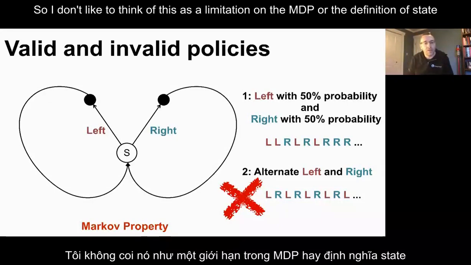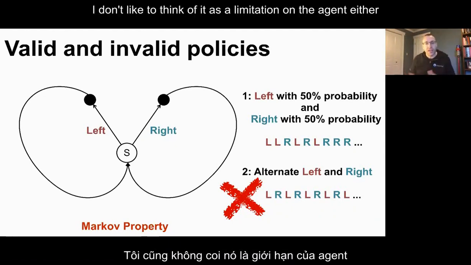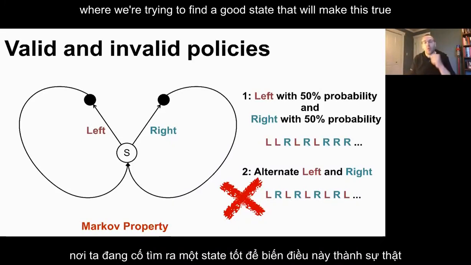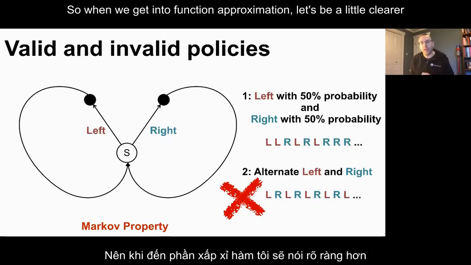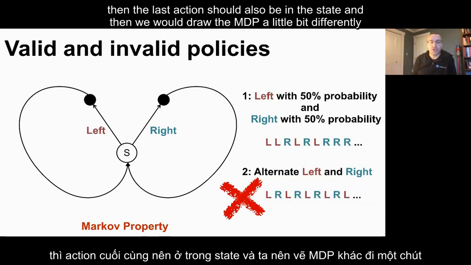So I don't like to think of this as a limitation on the MDP or the definition of state. I don't like to think of it as a limitation on the agent either. This is just a thing that we build into the world where we're trying to find a good state that will make this true. So when we get into function approximation, this will be a little clearer. But in this case, if we really wanted to do this kind of policy, then the last action should also be in the state.